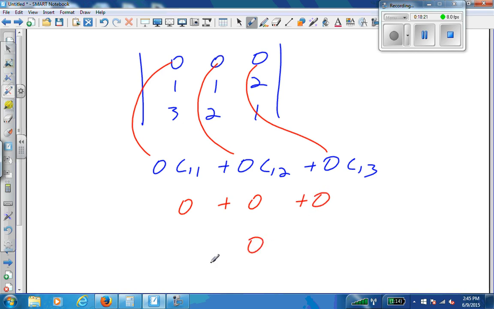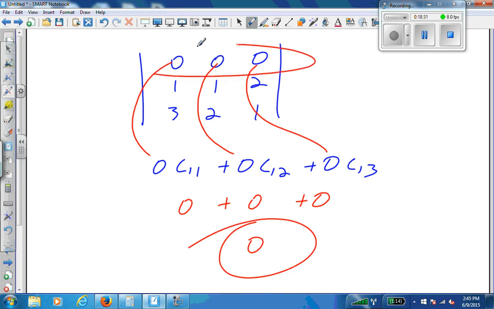So the value of that determinant is 0. So anytime you can row reduce or column reduce a determinant to get a 0 row or a 0 column, then 0 is the resulting determinant. And we'll mention later more consequences of that, but that's enough on that for now.